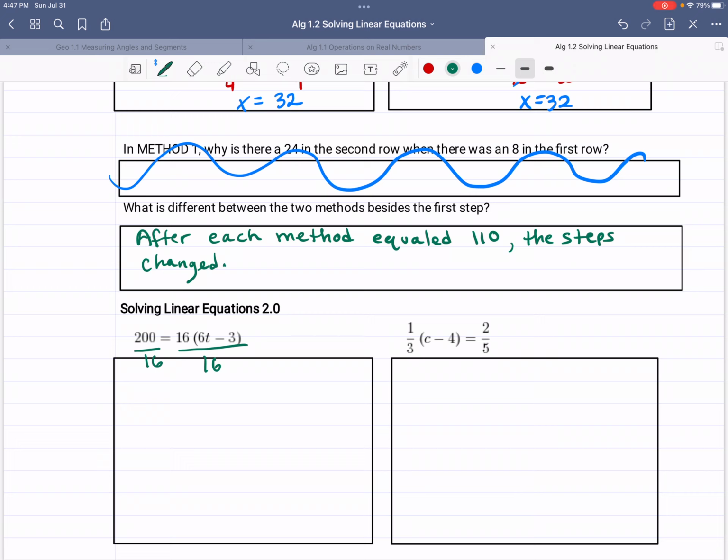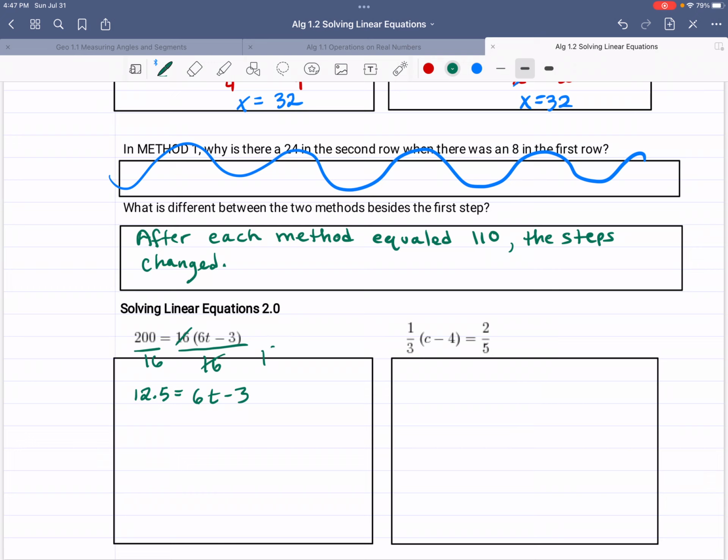So 200 divided by 16. I'm going to do that in my calculator. And I get 12.5 equals, these 16s cancel, so we have 6t minus 3.